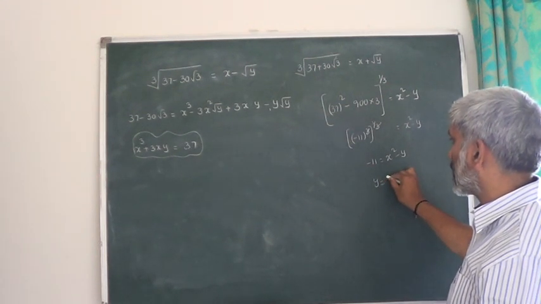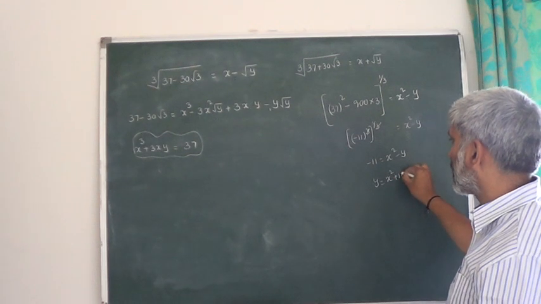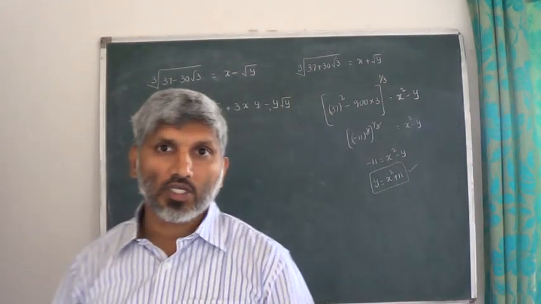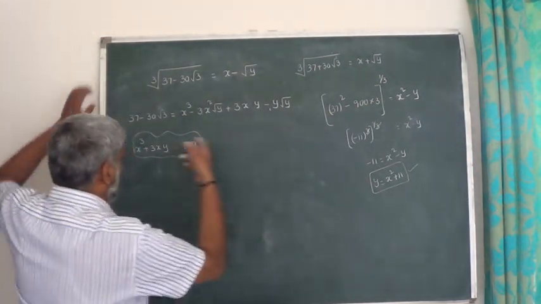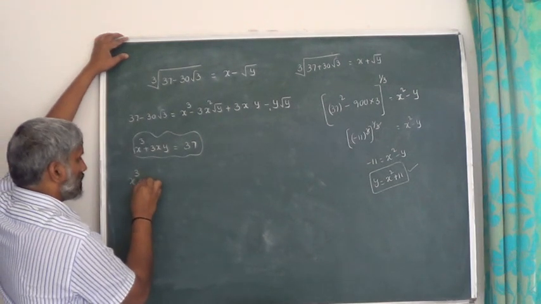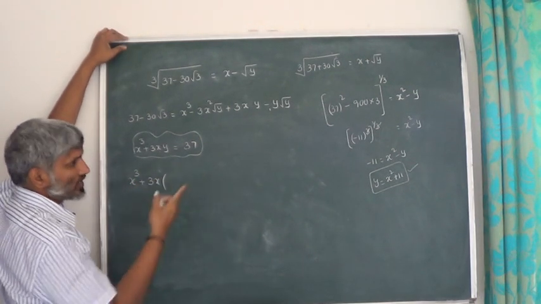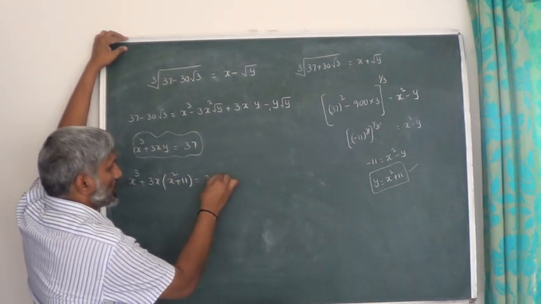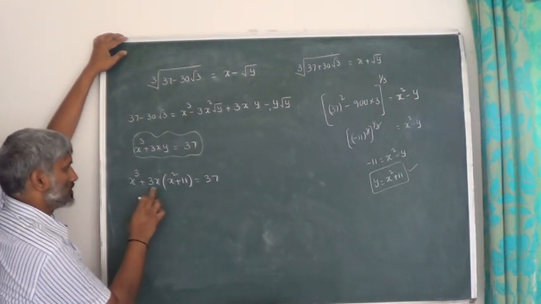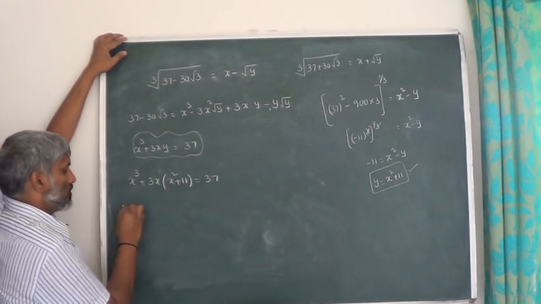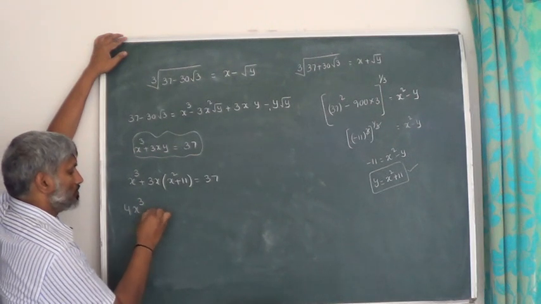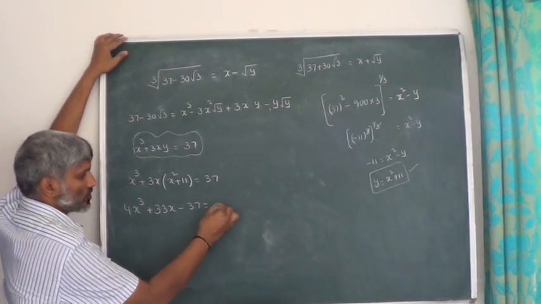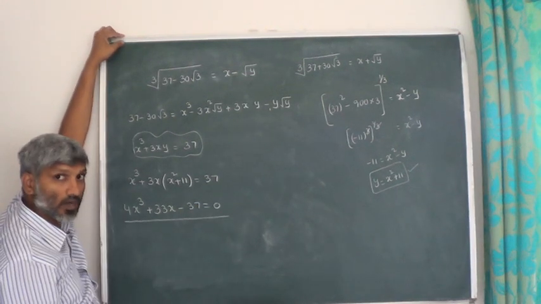That means we are getting y equals x square plus 11. So we got the y value in terms of x. That y value, substitute here: x cube plus 3x into, in place of y, x square plus 11, equals 37. Now we can write this as 3x cube, so in total it becomes 4x cube plus 33x minus 37 equals 0.